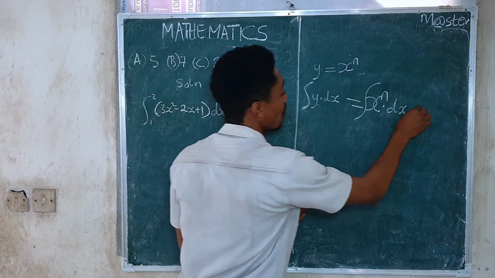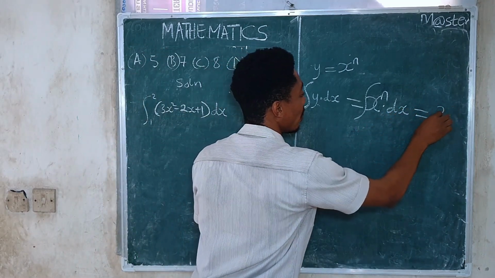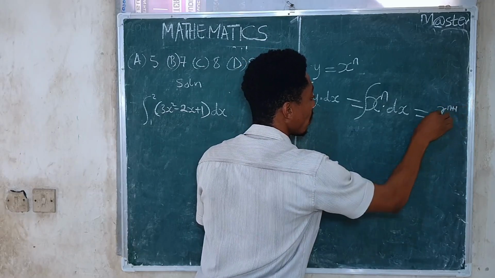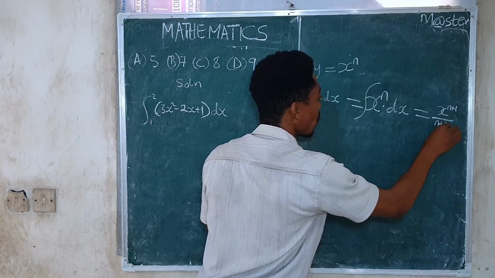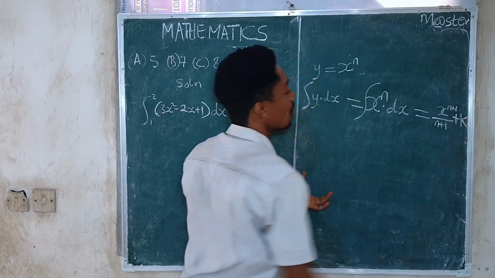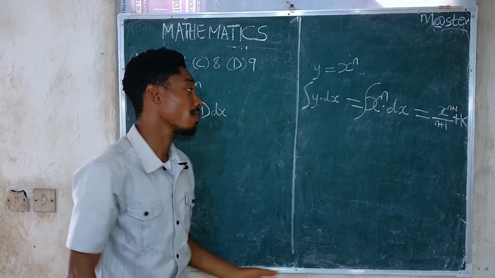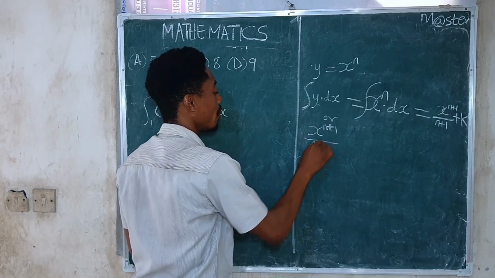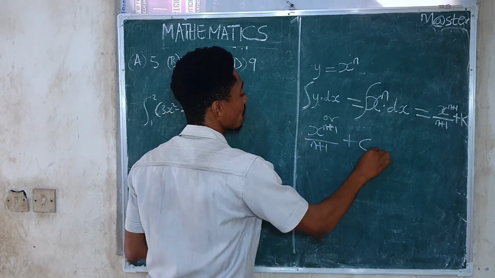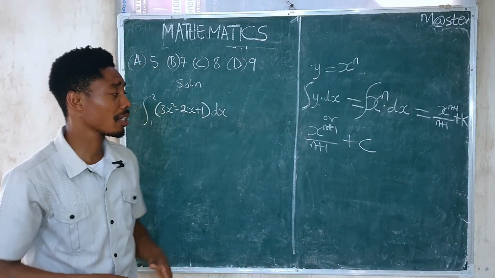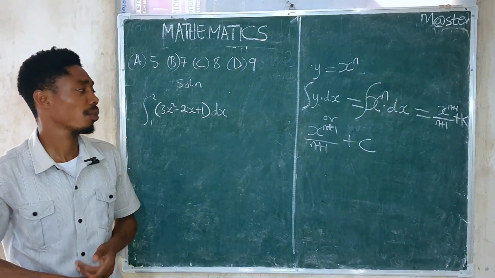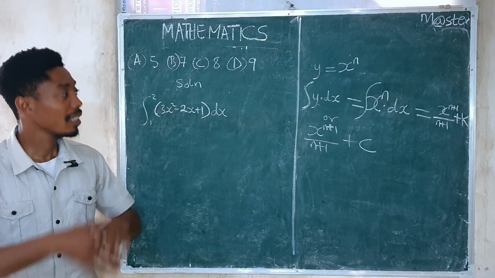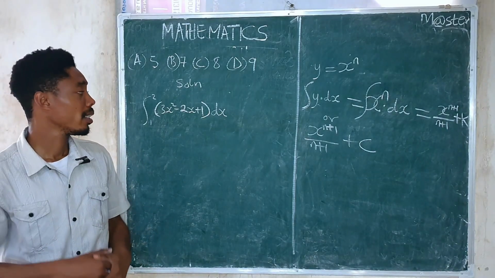To evaluate this is given as x raised to power n plus 1 all over n plus 1 plus what? K. That k is a constant of integration. Or you can say x raised to power n plus 1 all over n plus 1 plus c. You can use k to represent the constant of integration, and you can use c to represent the constant of integration. So that is the general or the basic formula for integration.